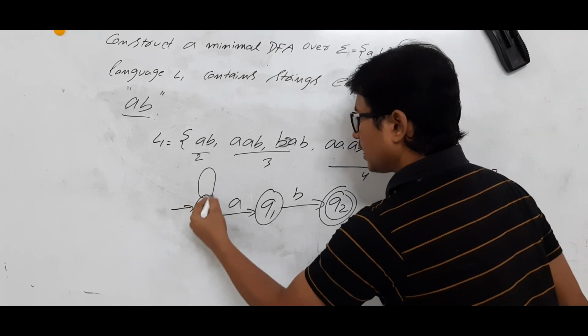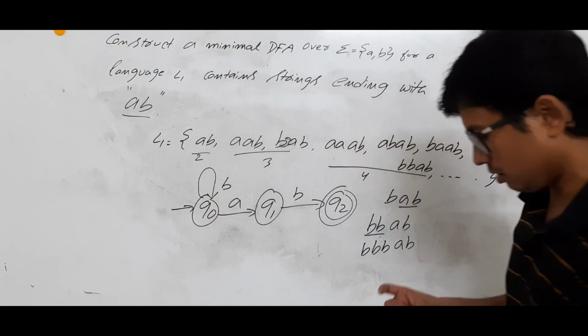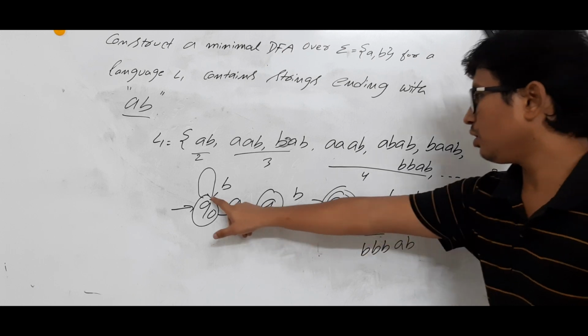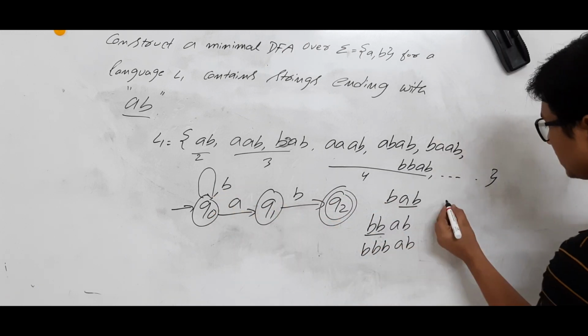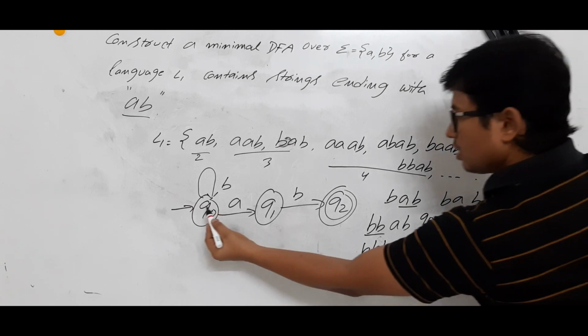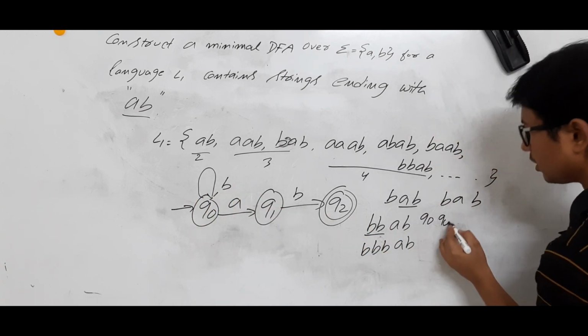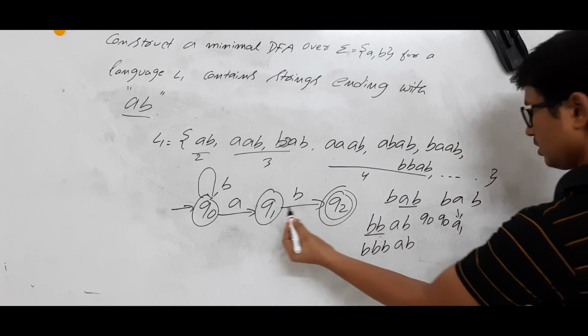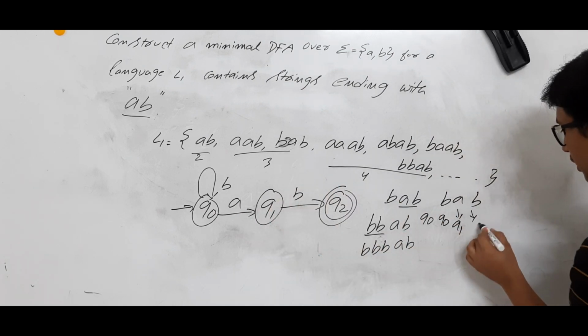So I can write a B here: Q0 on B goes to Q0 itself. Let's check this one. From the initial state Q0, on B you go to Q0 only. Q0 on A, you go to Q1. Q1 on B, you go to Q2.